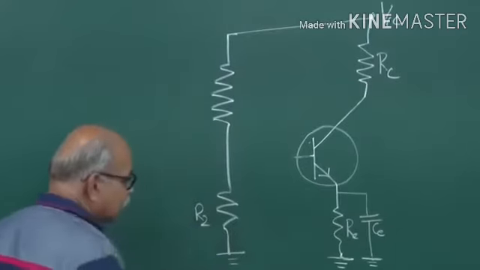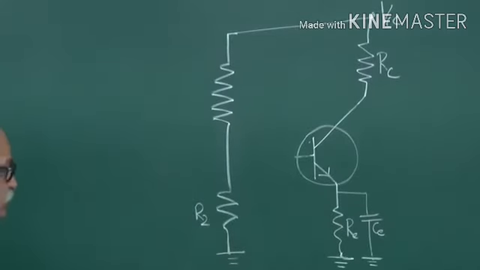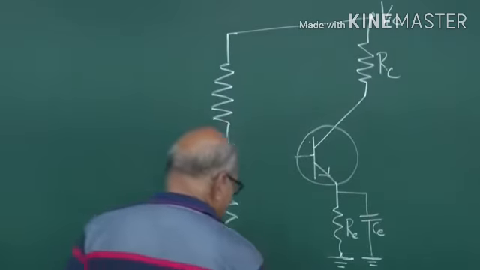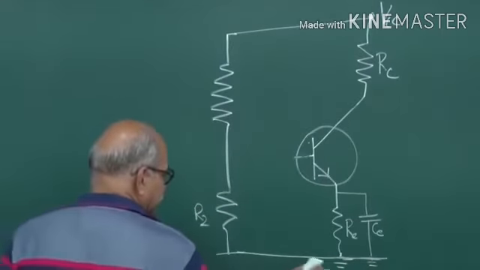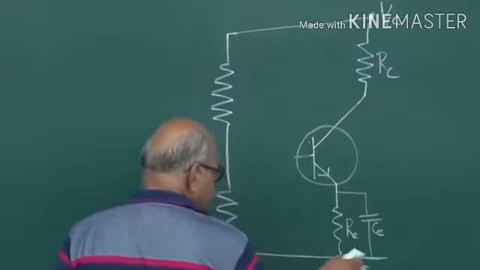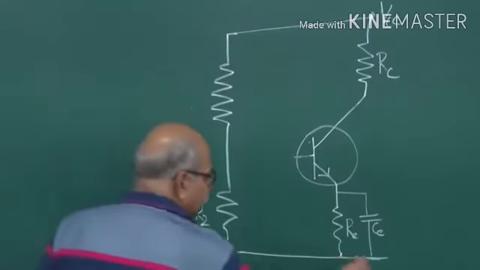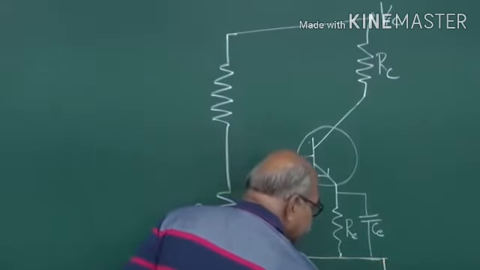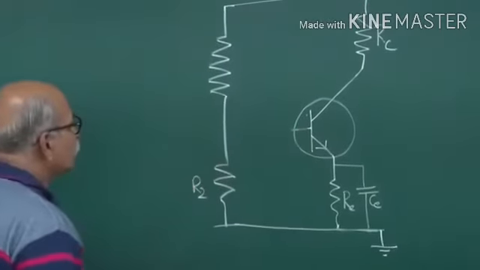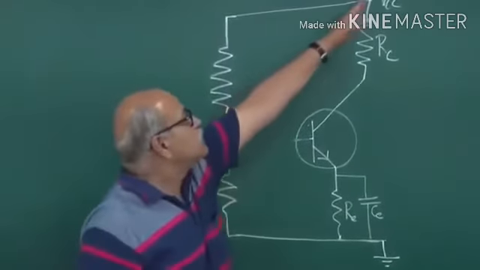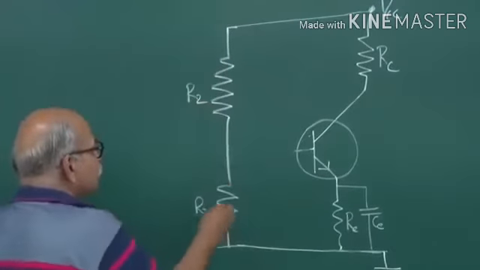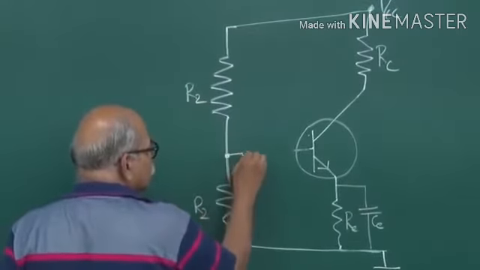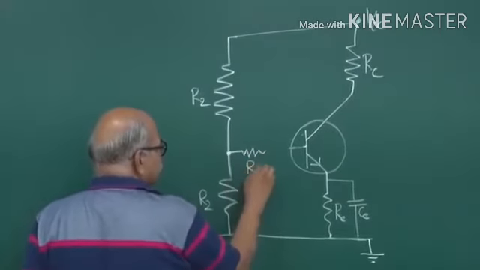So you can connect it or you can just write this way. This is also okay with us, or if you wish you can connect all these things and make a line. That is also all right, but somewhere you should say that this is the ground line. So this is that ground, and then this VCC is falling on this R1 and R2, and then from here we can take to the base.